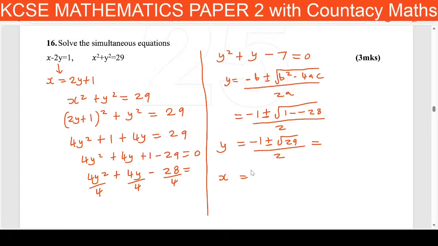And finally, you have to be able to find the value of x. The value of x, now what you'll do is that you'll use this formula that we have here, and that is 2 into brackets. Now the value for y is this. I don't have a calculator around, that's why I'm not completing this. So here you see what you're doing is 2 multiplied by y, and then we have to add 1. This is because we say that x is equivalent to 2y plus 1.